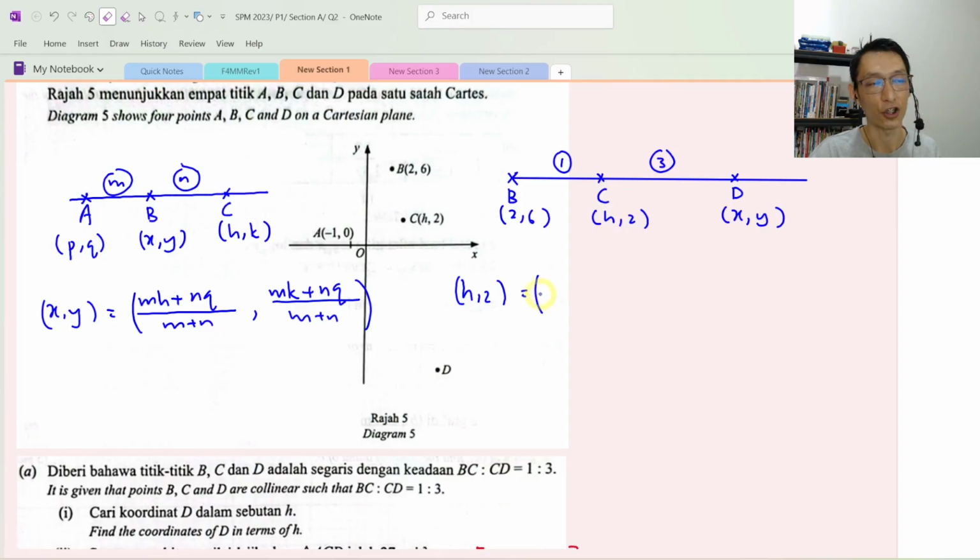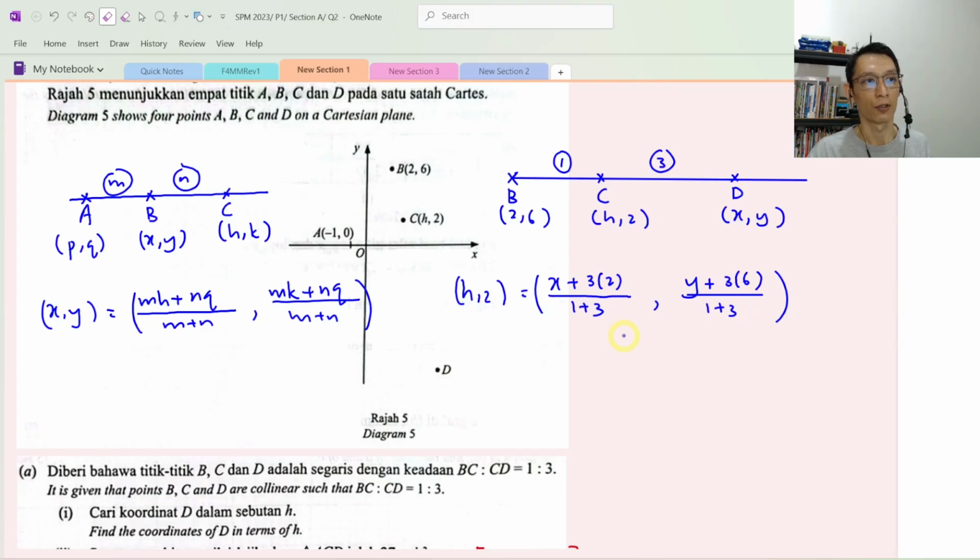Focus on the x coordinate first. 1 times x, you get x, plus 3 times -2, you will get -6, divided by the sum of these two numbers. Now the y coordinate. 1 times y, you get y, plus 3 times 6, divided by the sum of these two numbers.